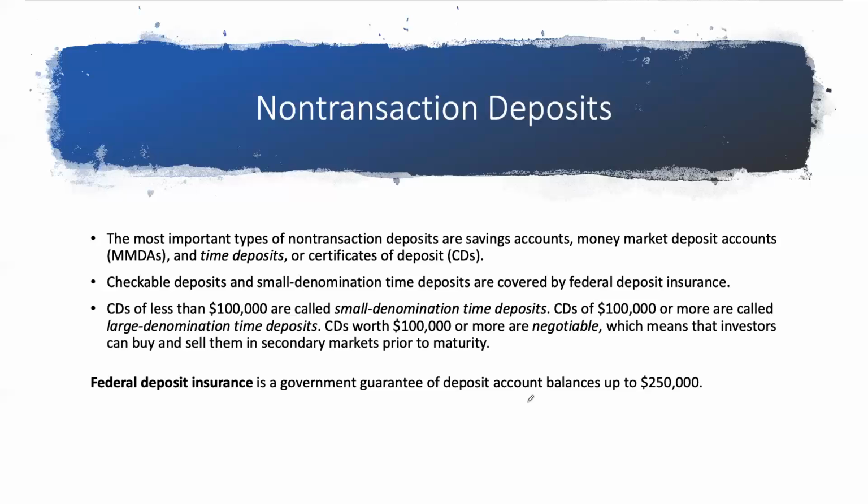And this is a way to give consumers confidence to leave their money in the banking system, right? So you don't have to ever worry about your bank going under or being financially distressed. There is this insurance program which acts as a backstop when the bank is in distress. Okay. All right.